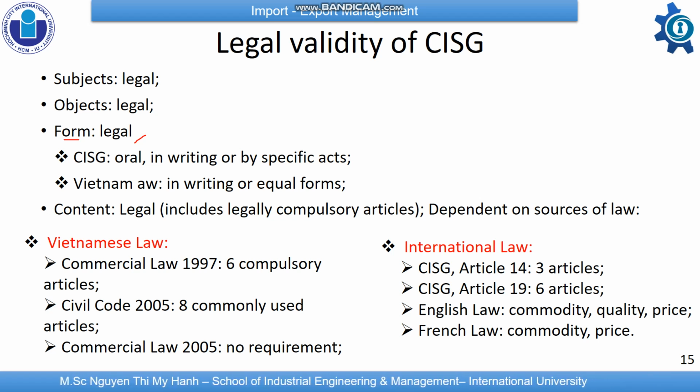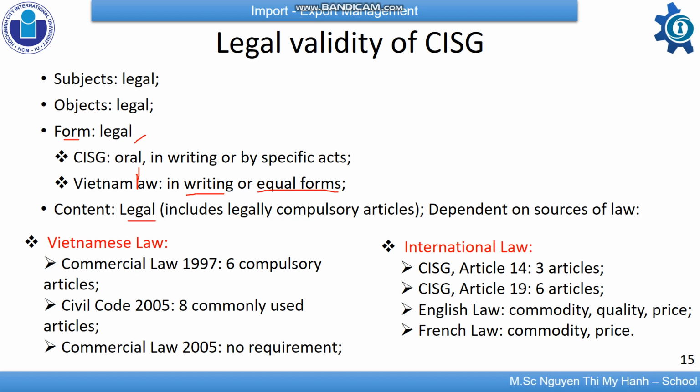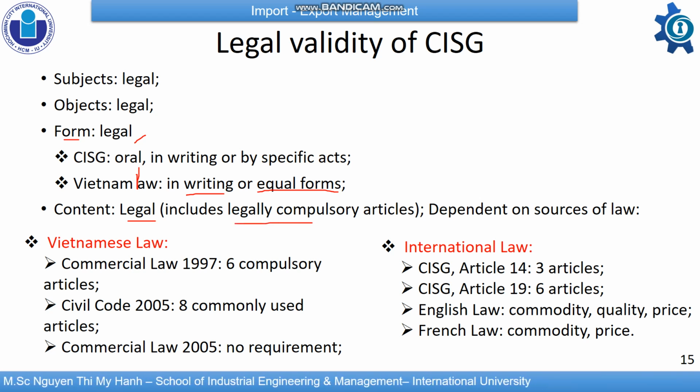Following Vietnamese law, it should be in writing or other equal forms. The contents also should be legal. So the contract has to include all the legally compulsory articles. However, depending on different sources of law, we will have different compulsory articles.